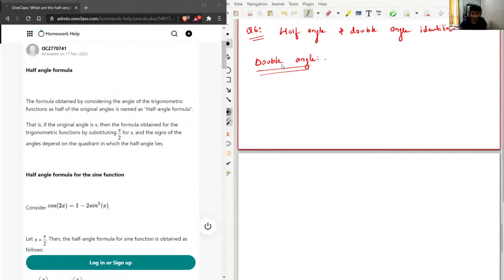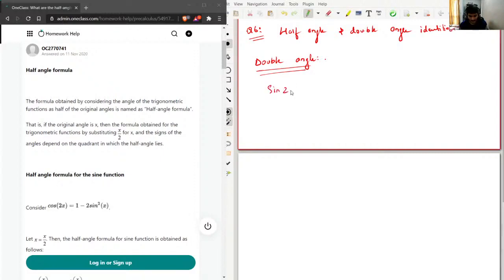From the name itself, it clearly states that if we know the trigonometric ratios for an angle, we can calculate the trigonometric ratios for its double angle. There is not pretty much to explain.